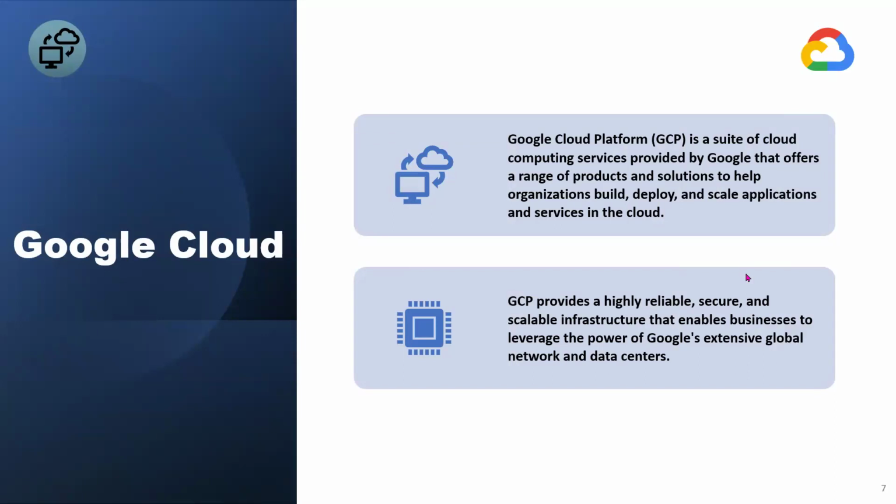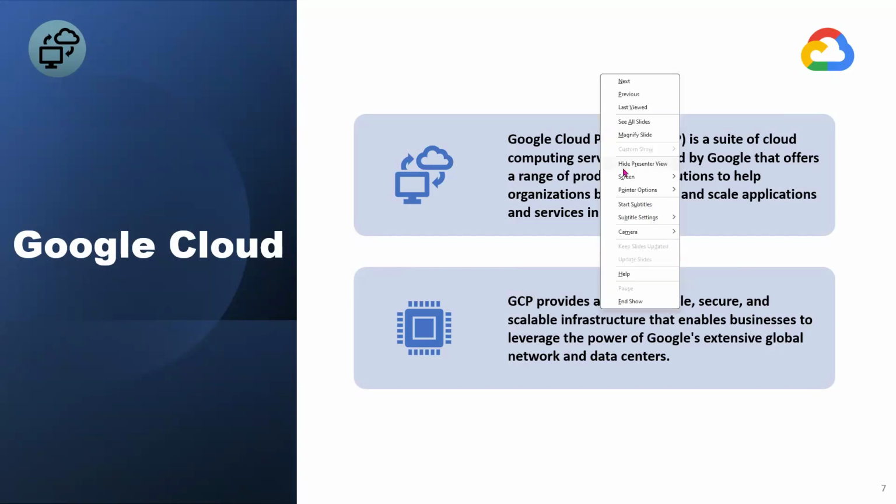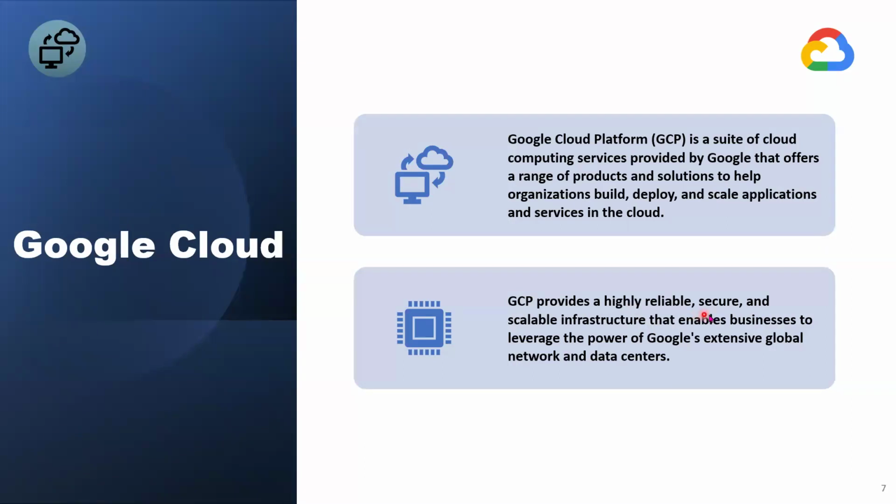If you ask me, GCP is a suite of cloud computing services provided by Google. It offers a wide range of products and solutions so that organizations can build, deploy, and scale applications and services in the cloud. GCP services are highly reliable, secure, and scalable infrastructure that enables businesses to leverage Google's extensive library and network and data centers.